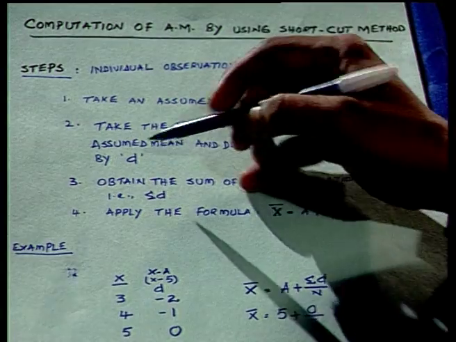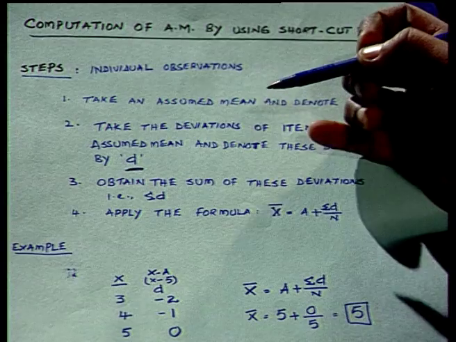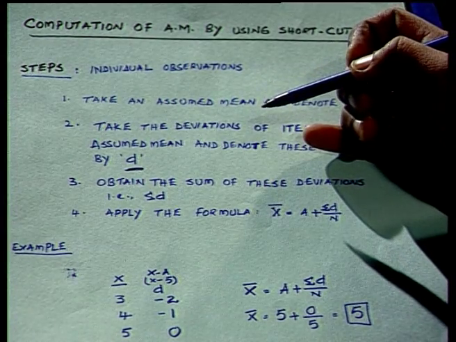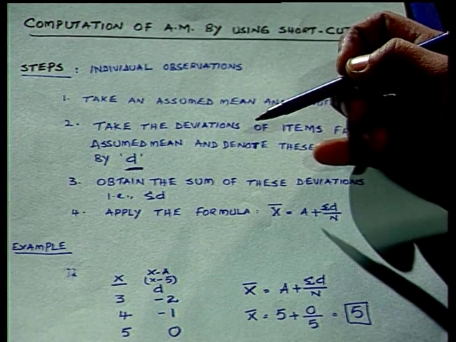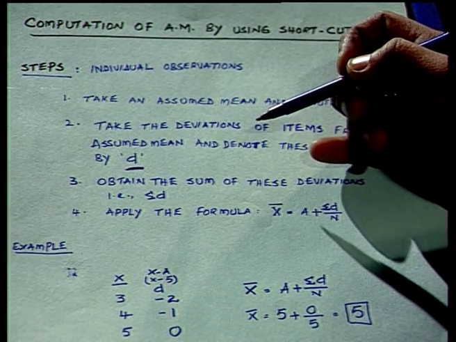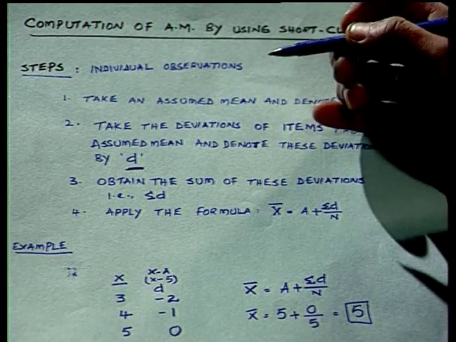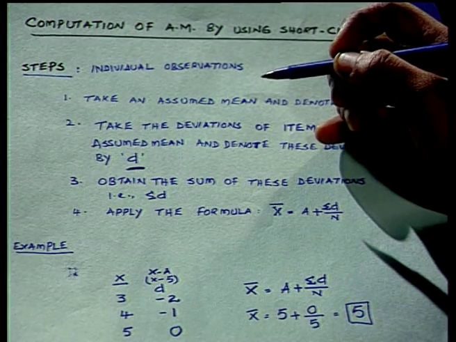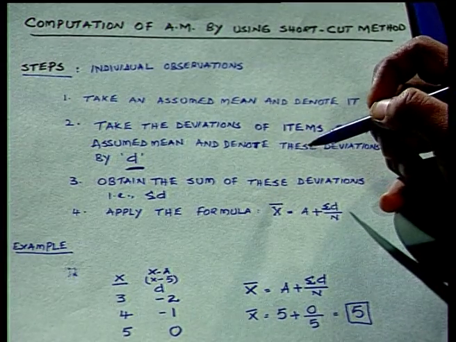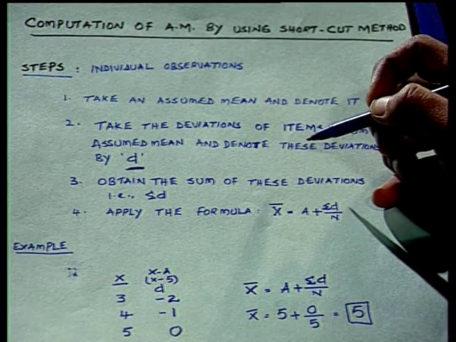Now the steps involved here are 4 in number, to be very precise. 1, take an assumed mean and denote it by letter A, which stands for the assumed mean. 2, take the deviations of the items from the assumed mean and denote these deviations by the letter D. 3, obtain the sum of these deviations, that is, add up all these deviations and denote them by sigma D. And finally the fourth step is to apply the formula, which is x bar is equal to assumed mean A plus the total of the deviations taken from the assumed mean divided by n.